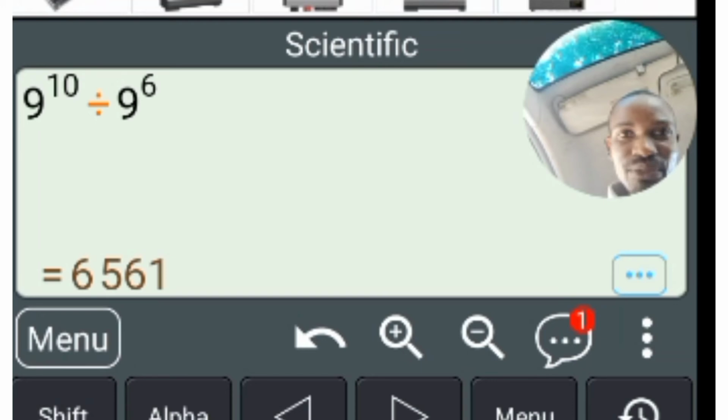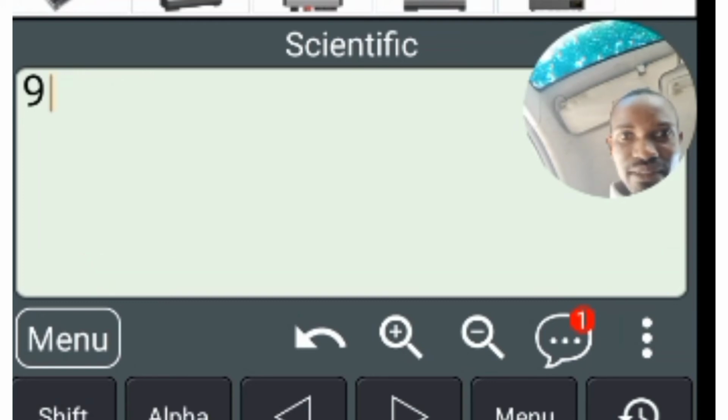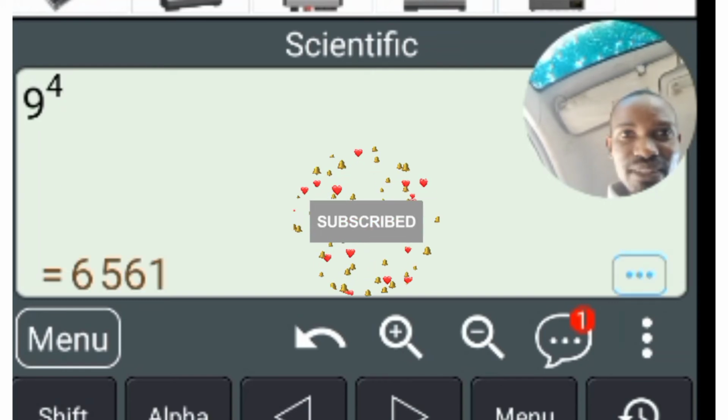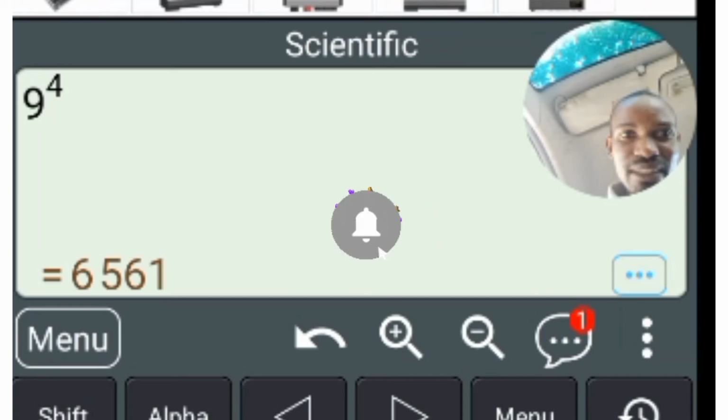What about if we just punch in 9 to the power 10 minus 6, which is 9 to the power 4, since the bases are the same. 9 to the power 4. Wow, excellent. The answer is 6,561. The same as when we punch in 9 to the power 10 divided by 9 to the power 6.